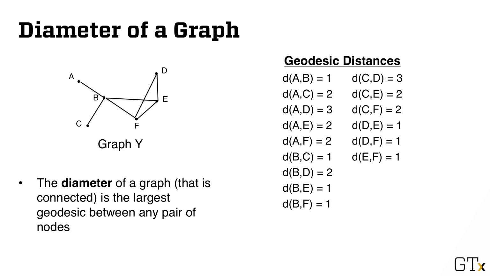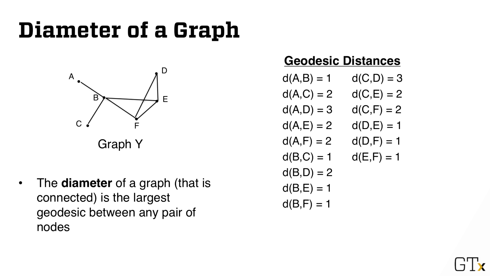So, in this example, I have nodes A, B, C, D, E, F, and I can find the geodesic distances or the shortest path distances between a node and any other node. So, the distance between A and B is 1, A and C is 2, A and D is 3 hop path, that is 3, and so on.